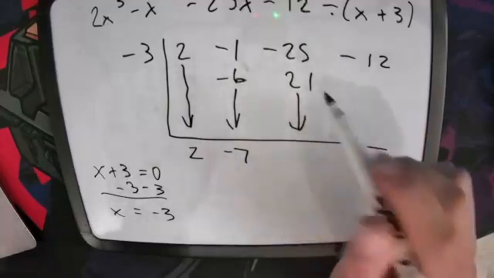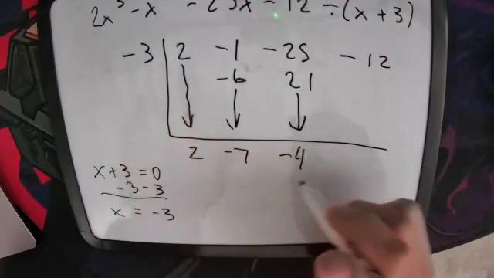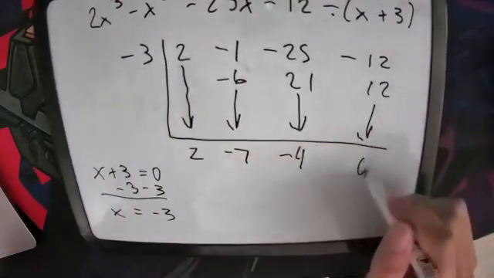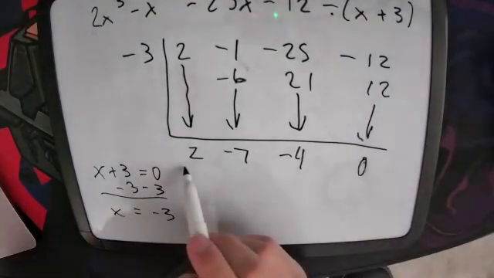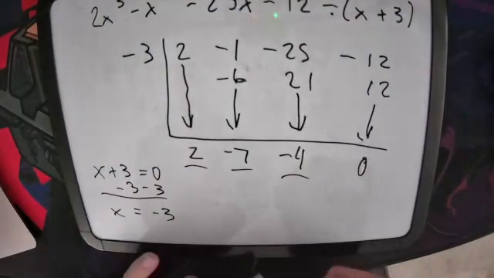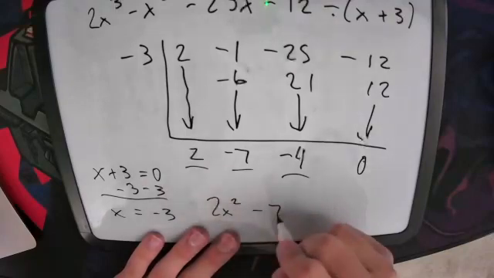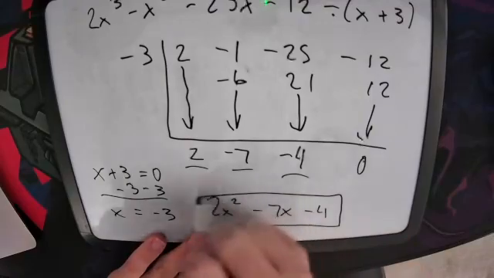So we do -25 plus 21, which is -4. -4 times -3, that is 12. -12 plus 12, that is 0. So we have no remainder, and these are our coefficients for the newly found polynomial expression. That is 2x squared minus 7x minus 4, and that is our final answer.